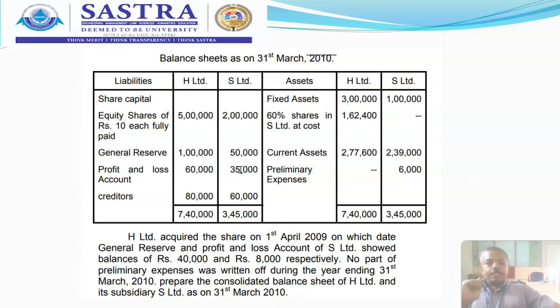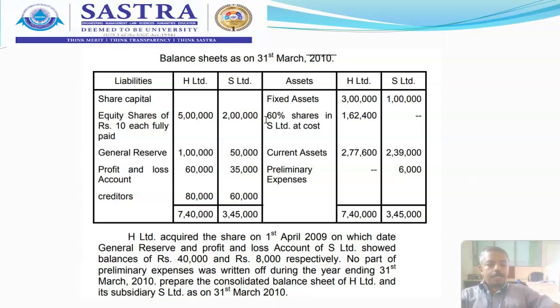So 60 percentage of 42,000 is going to be 25,200. So this 25,200 goes to H Limited.